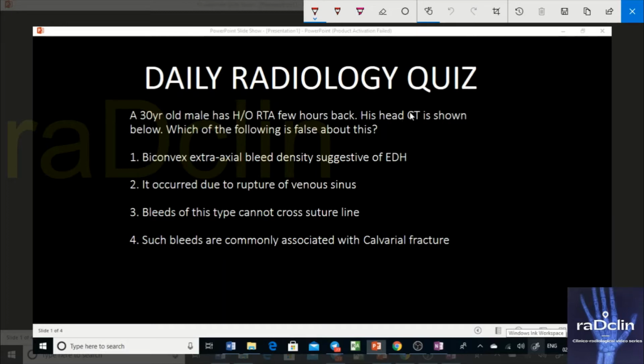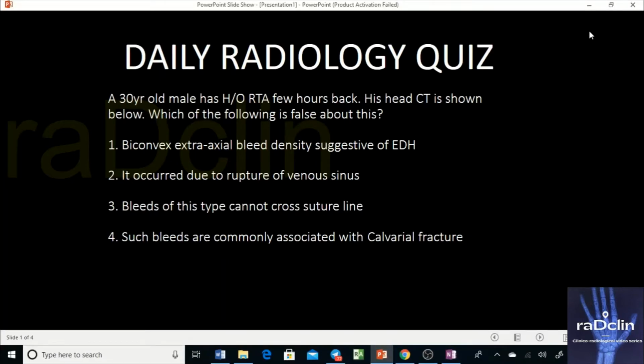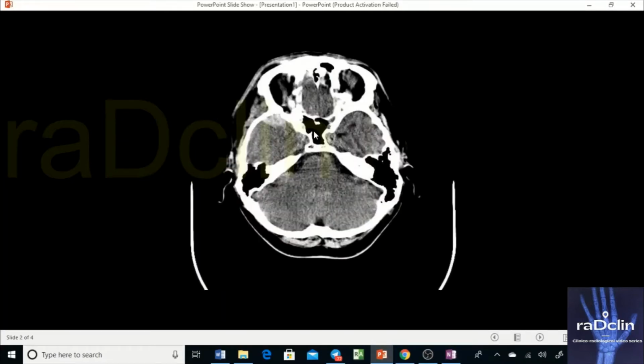So look at the CT. First look at the CT image. This is the CT image of this patient. If we look closely at this image, we can clearly see an extra-axial density, and this extra-axial density appears to be hyperdense.